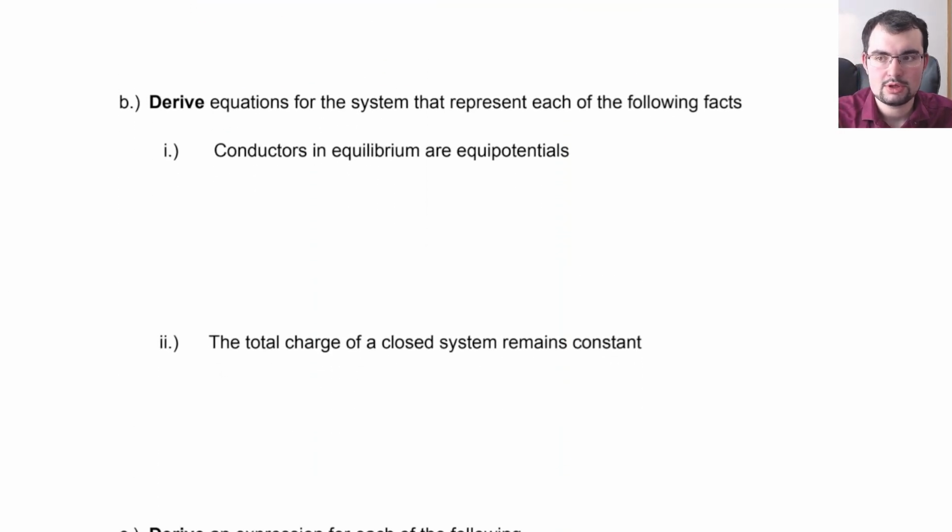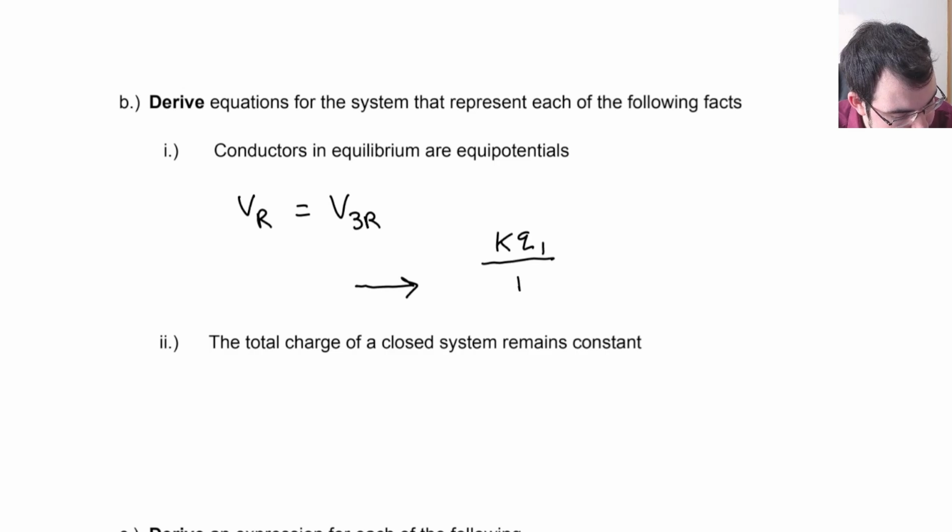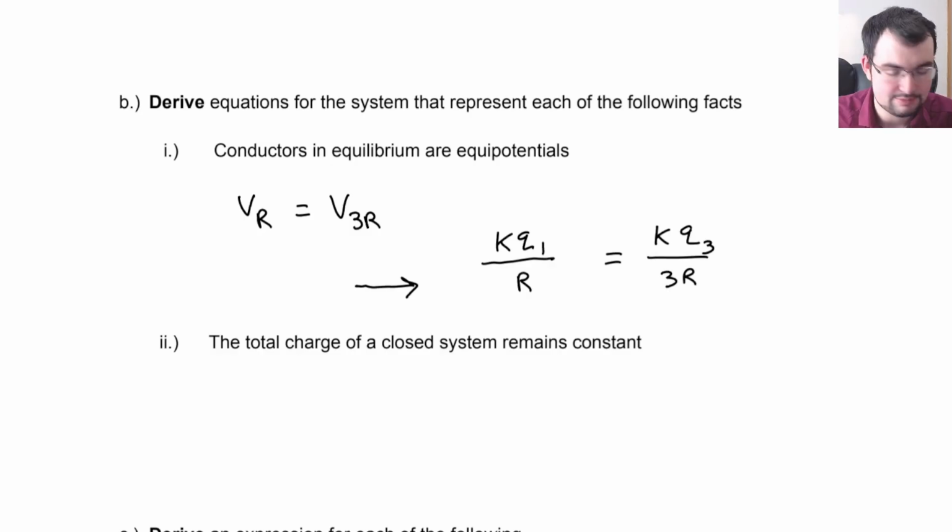So to solve these, we usually do a system. Our first condition is that conductors in equilibrium are equipotentials. So the spheres must match their potentials at equilibrium. So we get this expression. And I think we'll simplify this a bit.